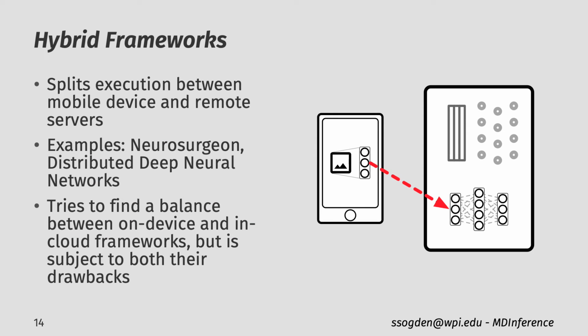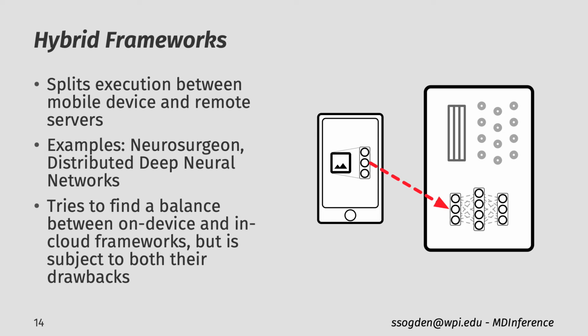Hybrid frameworks attempt to find a balance between on-device and in-cloud approaches to decrease latency and potentially increase accuracy. They typically execute part of a model in one location, on-device, and then complete execution on the other, if it's determined to be necessary. However, this ties them to a single model since the execution needs to continue on both devices, or both locations, and relies on the network being available in order to transfer the intermediate data between them.